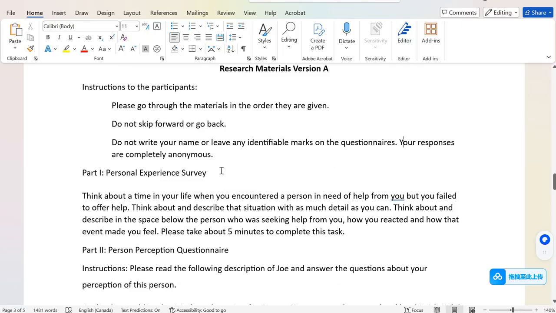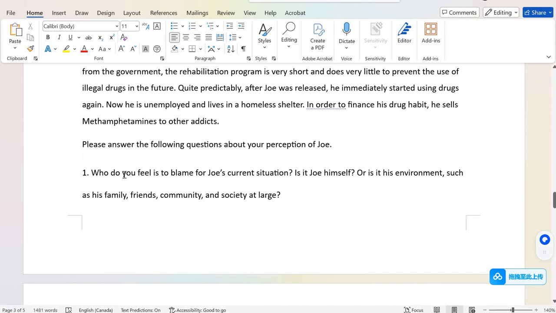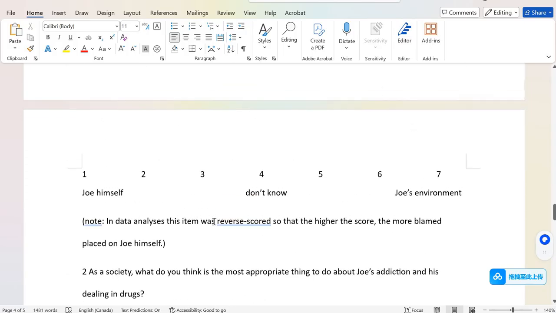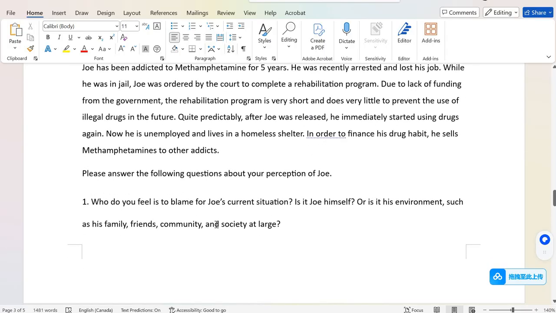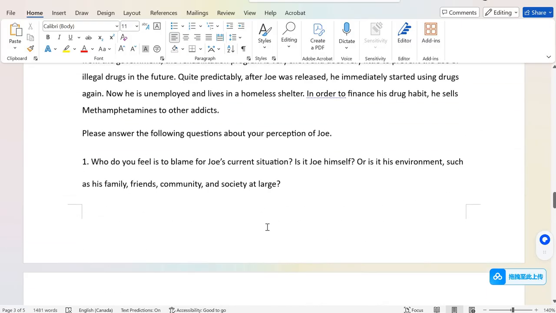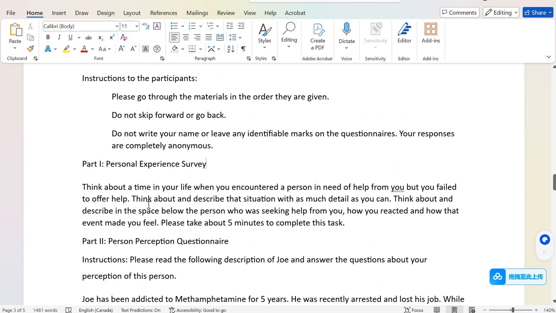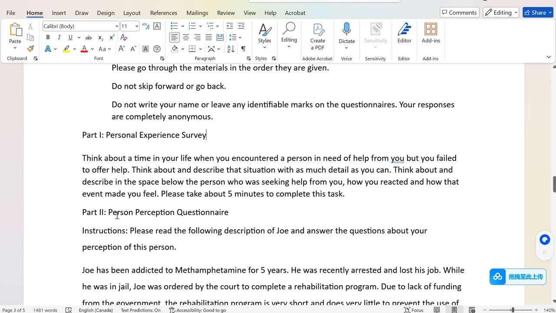Version A and version B had two parts, part 1, part 2. Part 1 differed between the two versions.